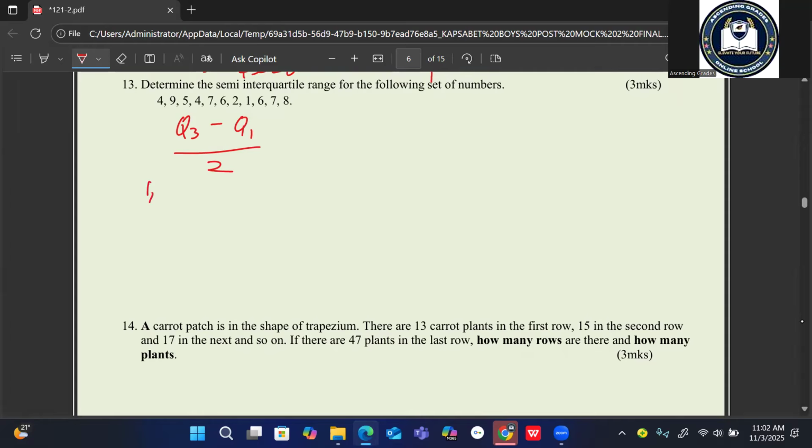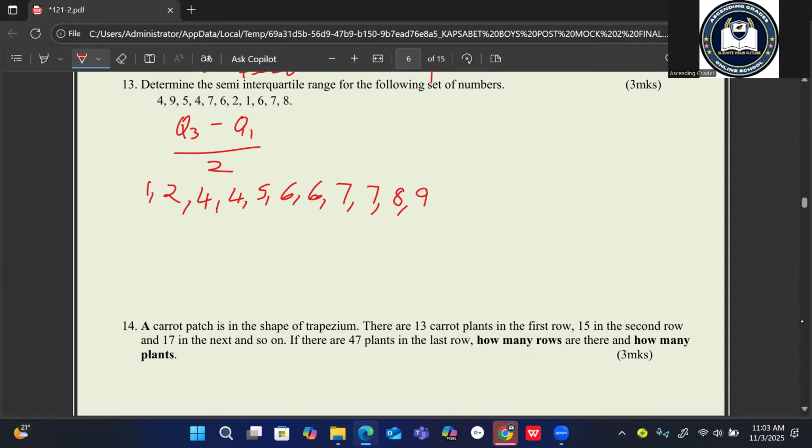The numbers arranged in ascending order, from the smallest to the largest, will have 1, 2, 4, 4, 5, 6, 6, 7, 7, 8, 9.